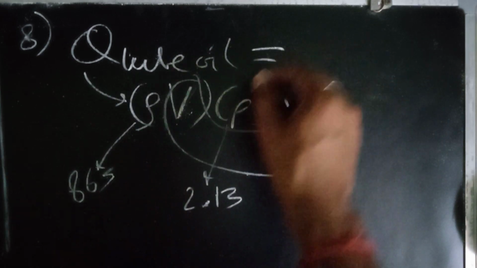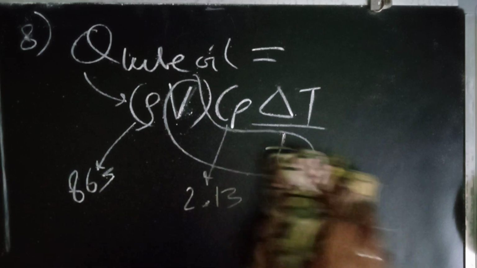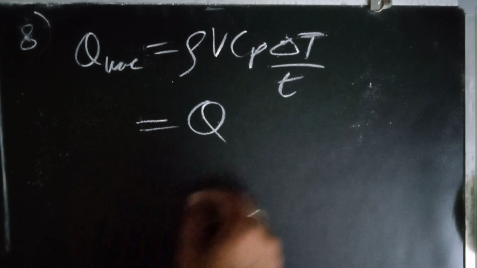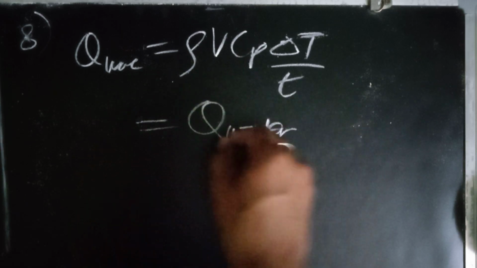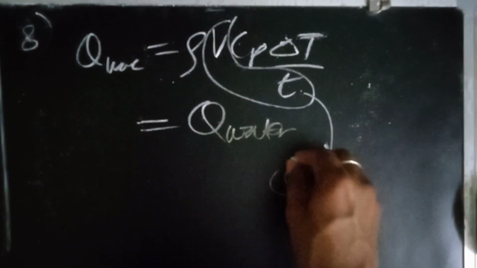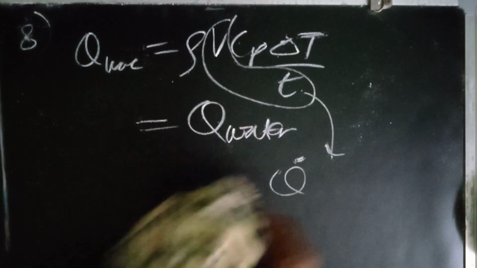Let me tell you the concept, that matters. This was basic heat transfer: Q lube oil is equal to rho V Cp delta T upon T. This would be equal to the water flowing in the jacket, the same heat. We need to find V upon T, that is the volumetric flow rate, Q dot. That is what we had to find. It was a simple calculation, not much lengthy.